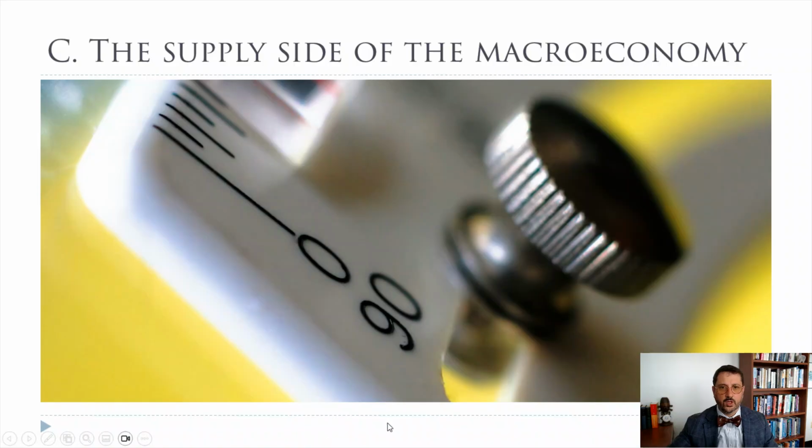So let's get started here. And just remember, when we talk about the supply side of the macroeconomy, we're talking about producing all of this stuff, all of the goods and services that we produce in an economy, whether that's cars or food or education. All of that goes into the supply side. And then on the other side is the demand side, and that's what we buy.